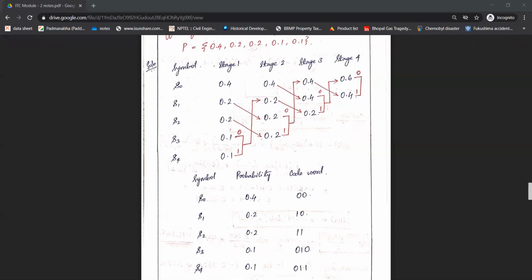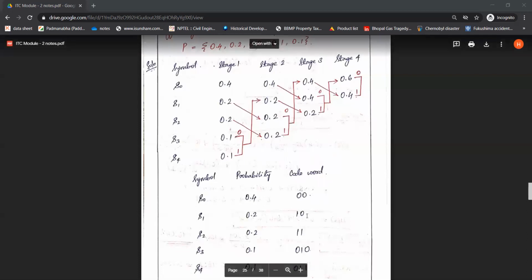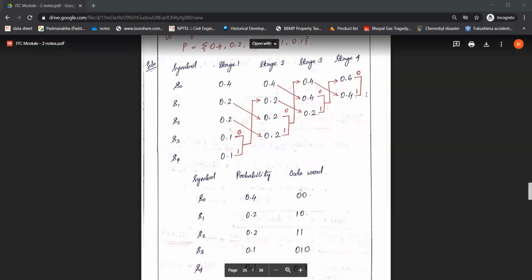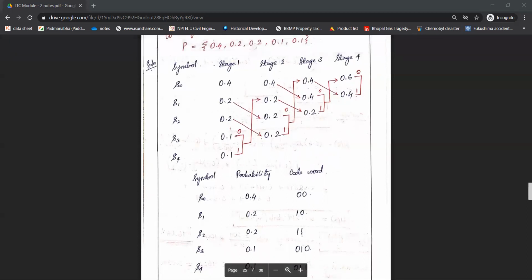So first we got 0 and then we got 1. Now we should write this in reverse order. 1 0 is the code word for S1 and next code word for S2. Trace this path, downward arrow mark, we have 1 over here and next again we got 1. So 1 1 is the code word for S2.